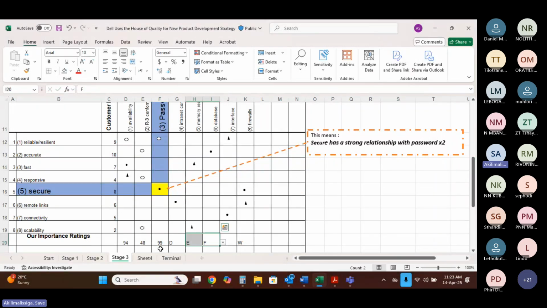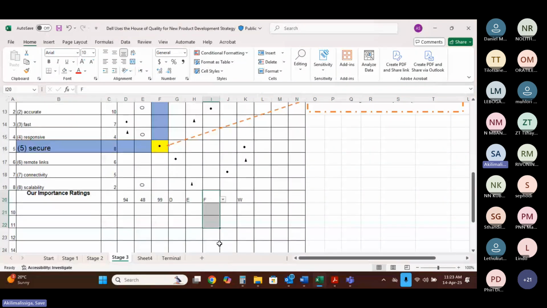So that is the value of C in this case. Again, you're going to calculate D, E, F, Z up to W, and that will be the last step of building our house of quality at your level.